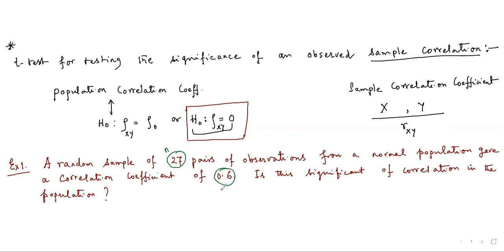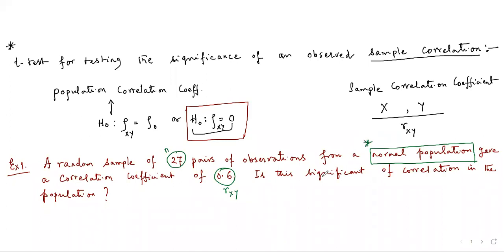They have already calculated the correlation coefficient between the variables, so this is my r XY. Also, one important thing is that in all these cases of t statistic, we shall assume that the population is behaving normally, or the population probability distribution is normal, because the t distribution is a kind of distribution which behaves like the normal distribution. So this is a very important assumption here.